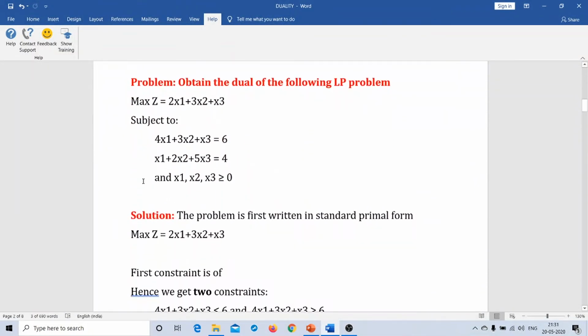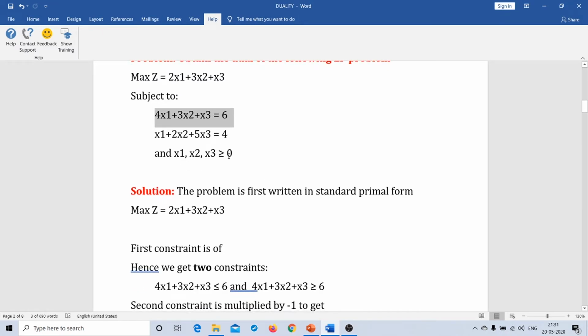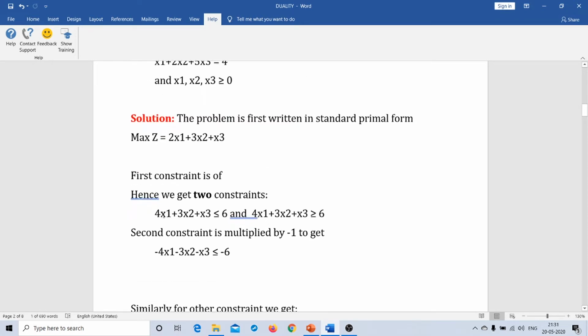So I have the first constraint 4x1 plus 3x2 plus x3 equal to 6. Since it is of the equal to category, we will have two constraints derived out of it. One is with less than or equal to and the other one is with greater than or equal to, right?